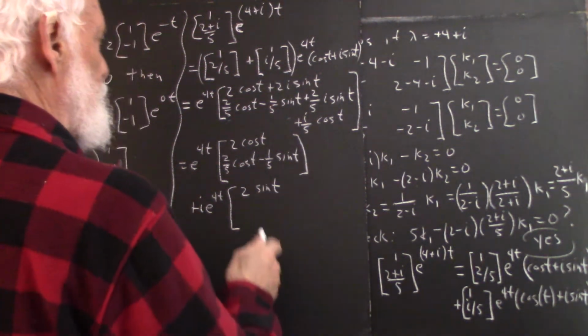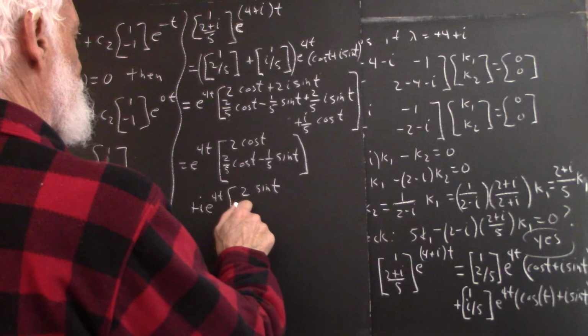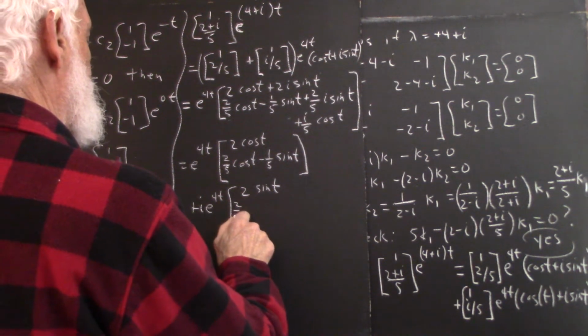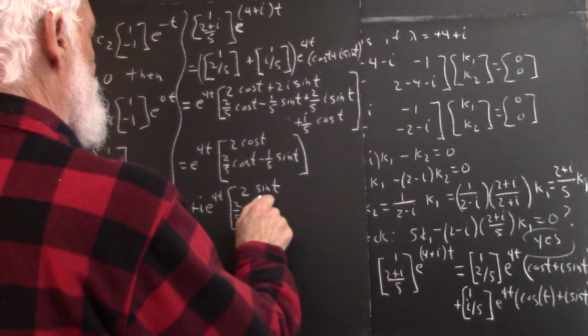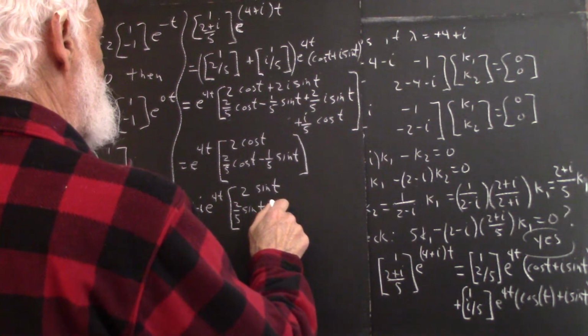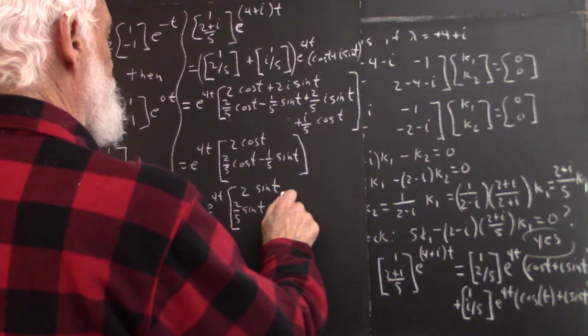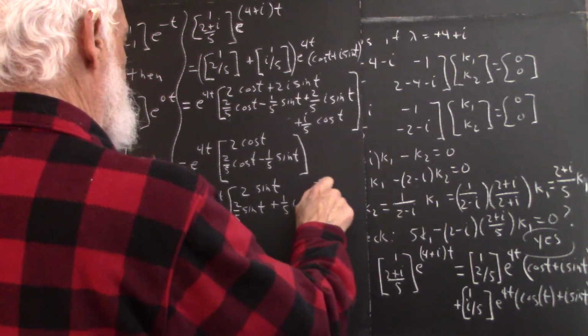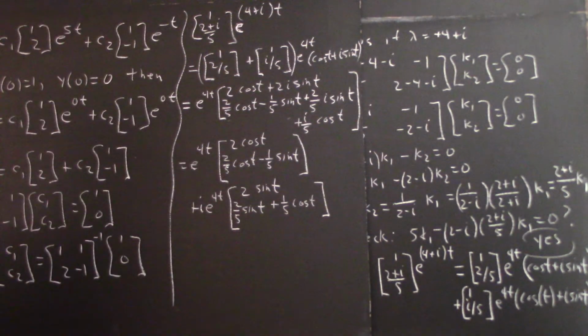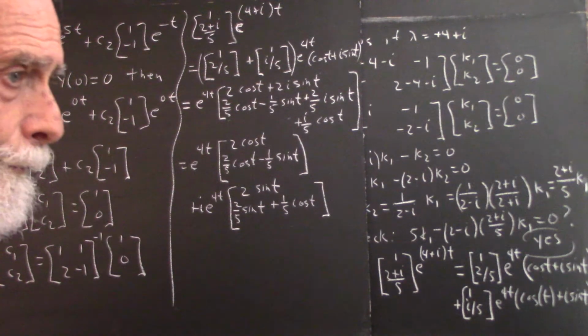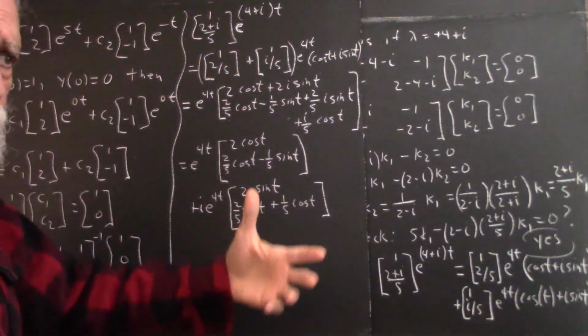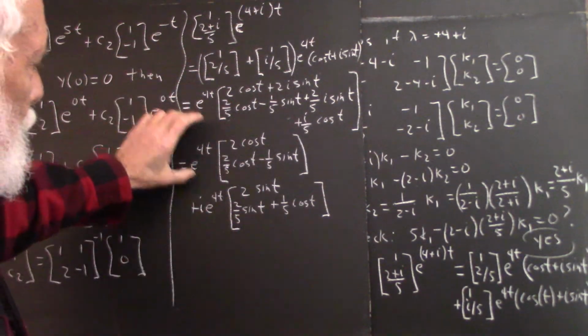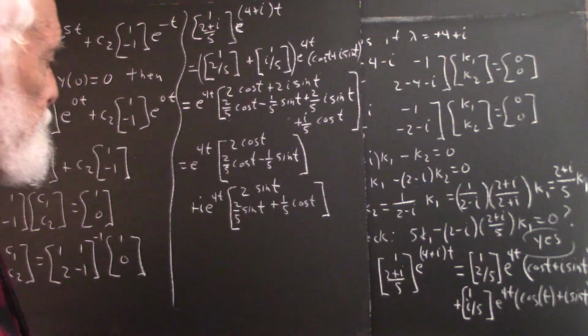And a 2/5 sine t plus 1/5 cosine t. Okay? Now, if I've done the arithmetic right, this is a solution.